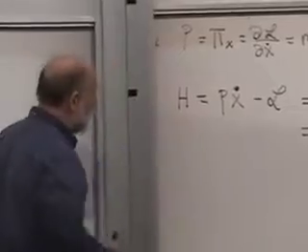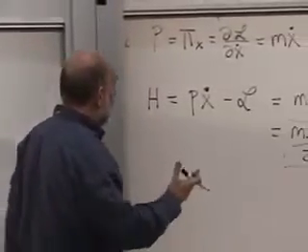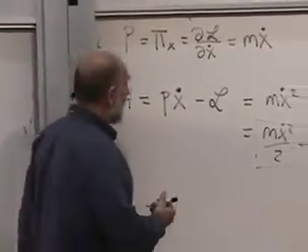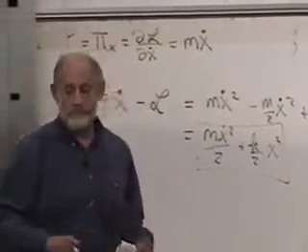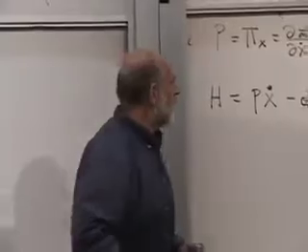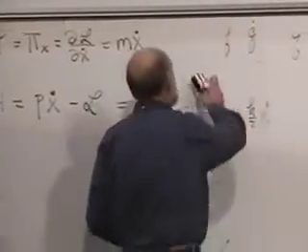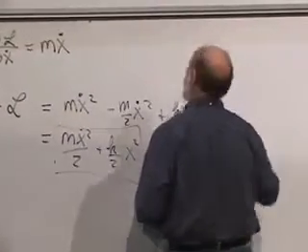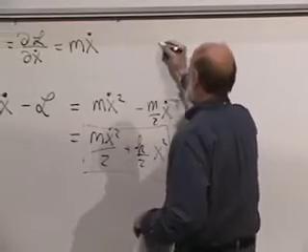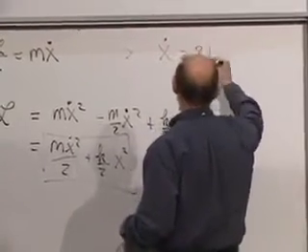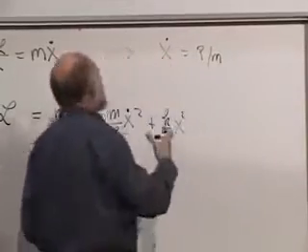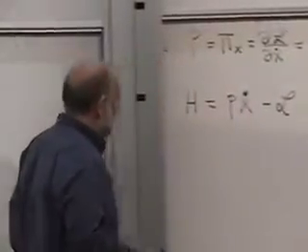For example, in this case, it's very easy. x dot is just p over m. So let's write that down. All right, so this equation here tells us that x dot is equal to p over m. The momentum divided by the mass is the velocity.